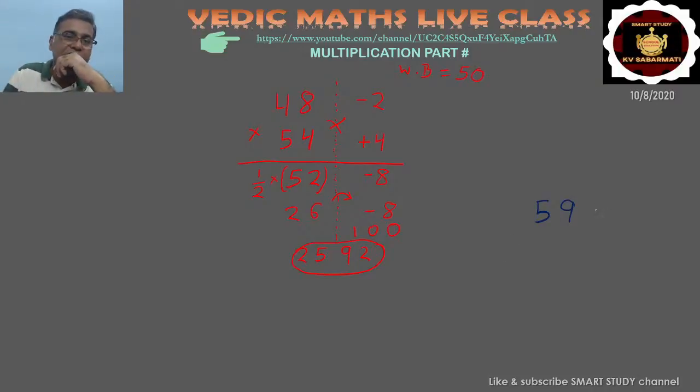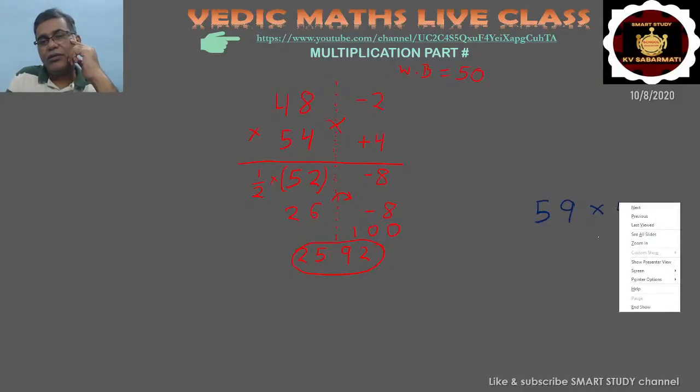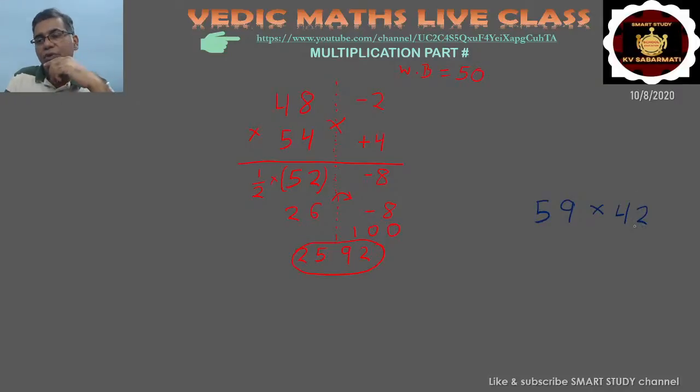Okay, I'll change to white. By the time you try to do it, 59 into, let us say, 42. 59 into 42. Find out. What will be the answer? 59 into 42.